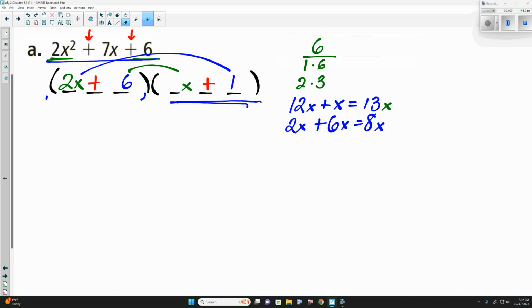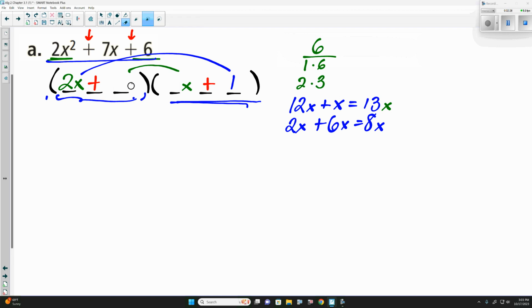So 2x and 6, can they go together? No. Because 2 and 6 have a greatest common factor of what? 2. Right. So here, I can't have this greatest common factor of 2. What other number can't go in 6's place with the factors of 2? Well, 2, because we can't put 2x and 2.